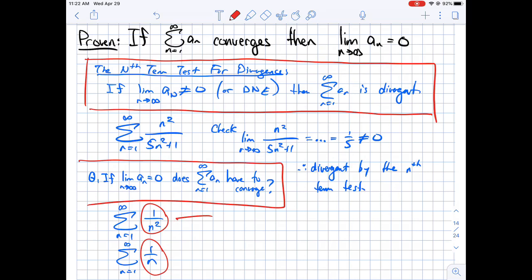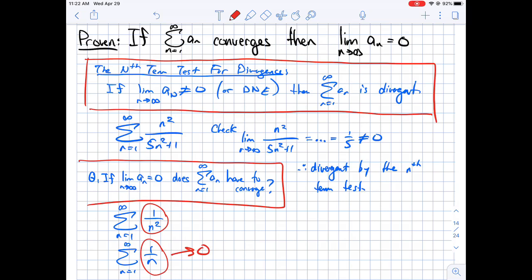So really what that means is that even if the terms being added up go to 0, that is not enough to guarantee that your series has to converge. And this is very much in line with what we saw when we were doing improper integrals. Even though the height of the function goes to 0, we ended up with some integrals that converged as x went to infinity and some integrals that diverged.